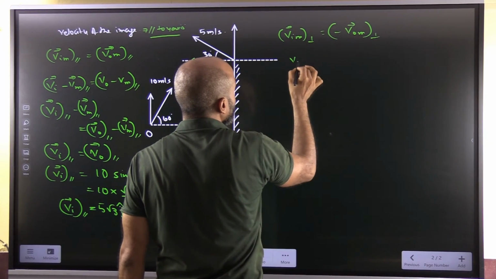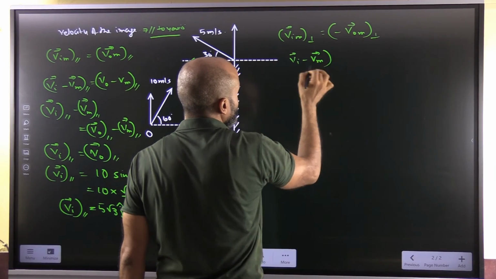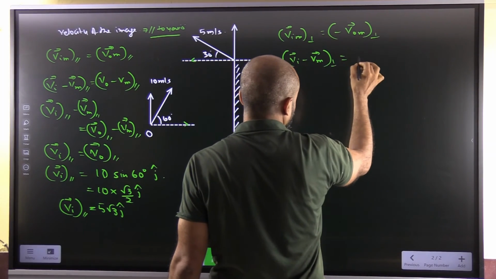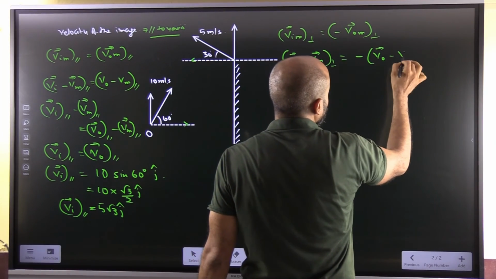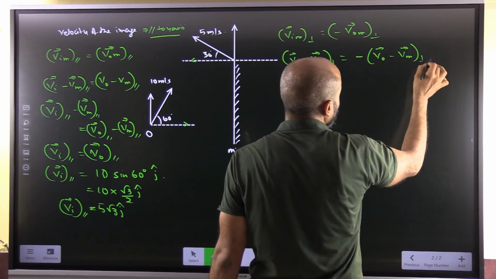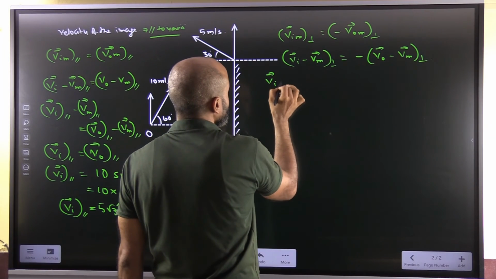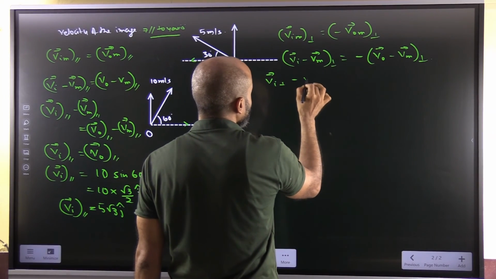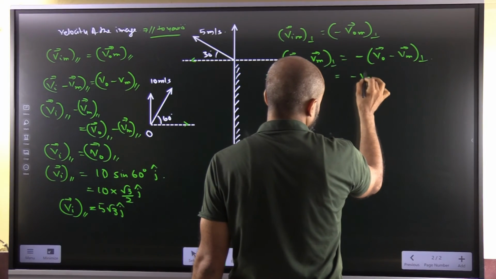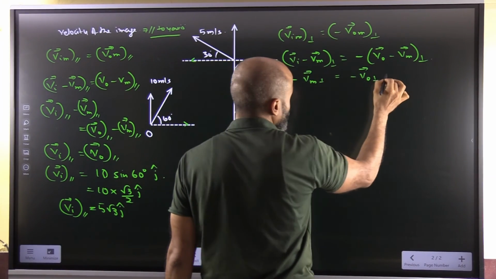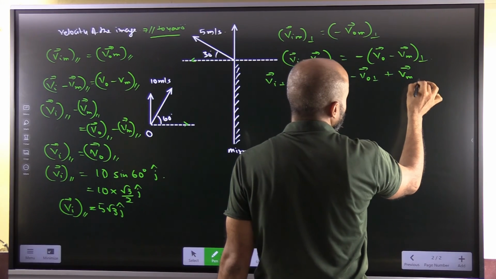So if I happen to complete this, velocity of image minus velocity of mirror along the perpendicular component will be minus of velocity of object minus velocity of mirror along the perpendicular component. So this will be velocity of image along the perpendicular component minus velocity of mirror along the perpendicular component equals minus velocity of object along the perpendicular component plus velocity of mirror. Obviously this minus and minus becomes plus.